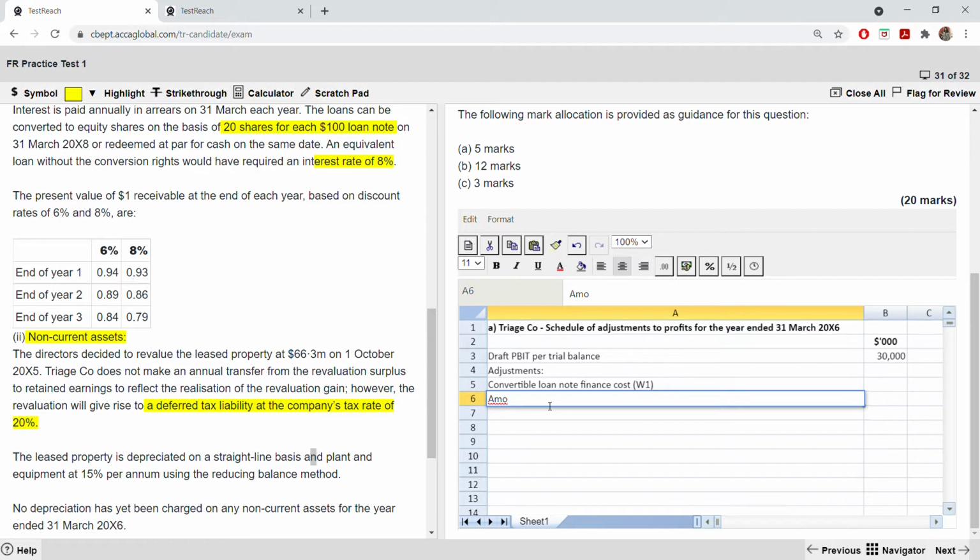Or if you want, you can write note 1. This is note 1, so you can write note 1 to show that you are referring to note 1. Let me put a bracket so that it becomes very clear. You see? So this is note 1.